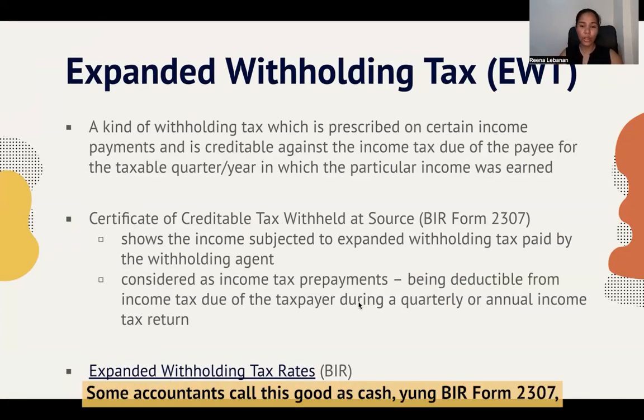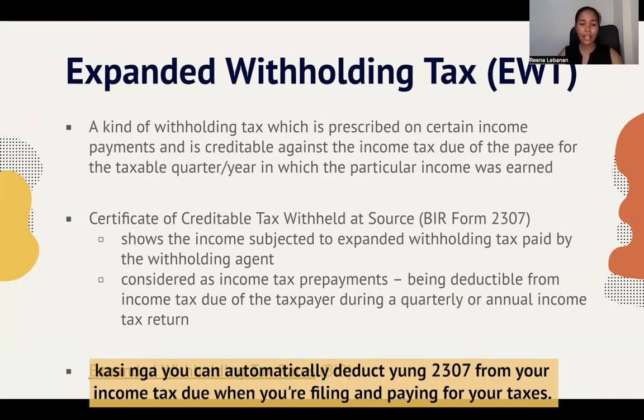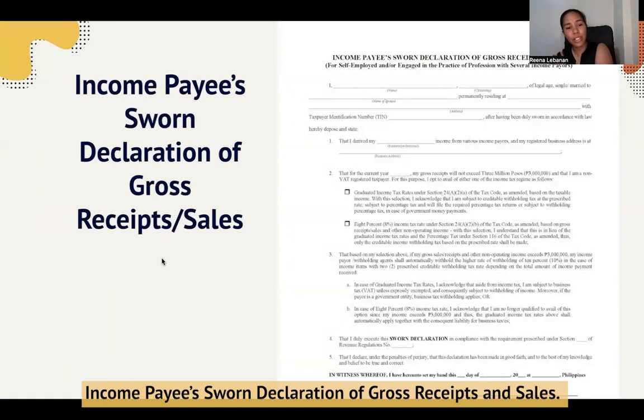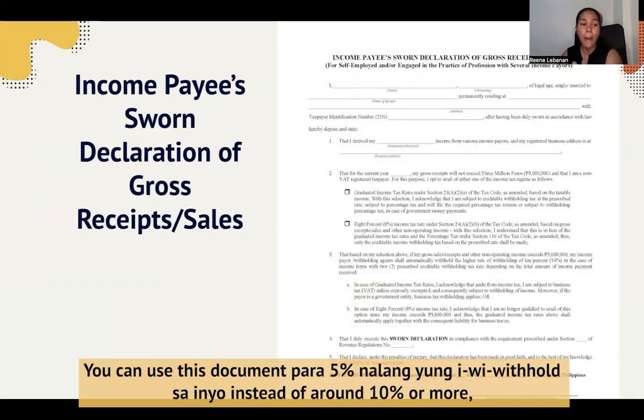Some accountants call this good as cash, yung BIR Form 2307, kasi nga you can automatically deduct yung 2307 from your income tax due when you're filing and paying for your taxes. Then there is the sworn declaration of gross receipts and sales. You can use this document para 5% na lang yung i-withhold sa inyo instead of around 10% or more.